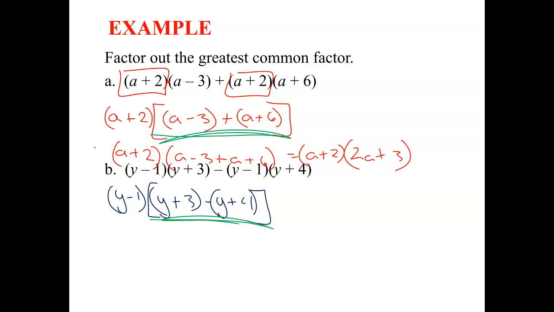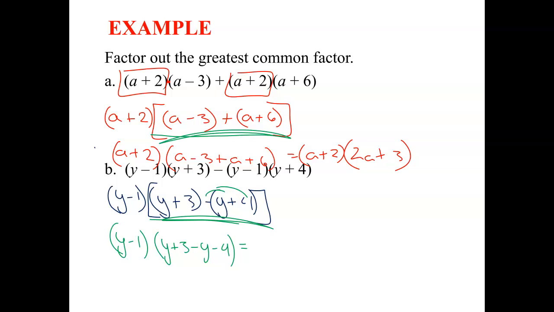That's going to change our process slightly. That subtraction sign in the middle: what do I have to do with it? Distribute it. You're going to distribute it before you combine like terms. So we have y minus 1 times y plus 3 minus y minus 4.